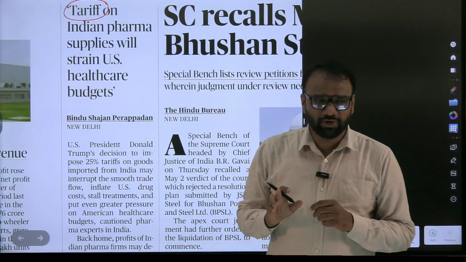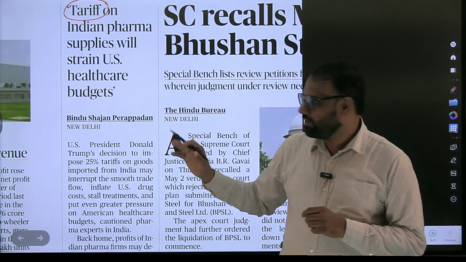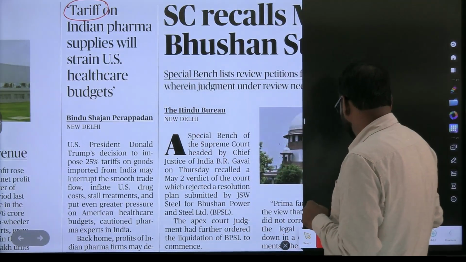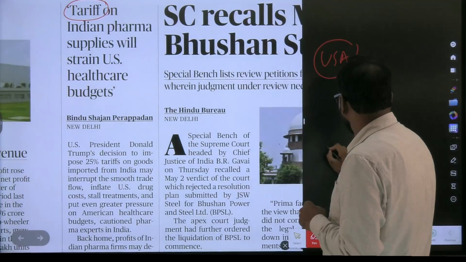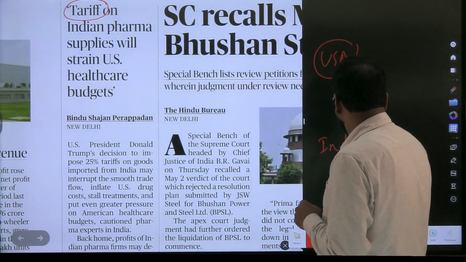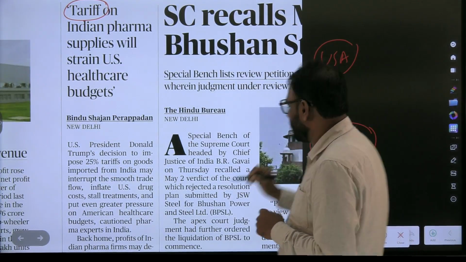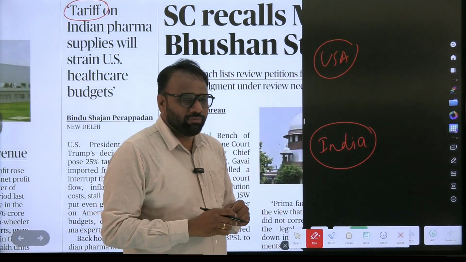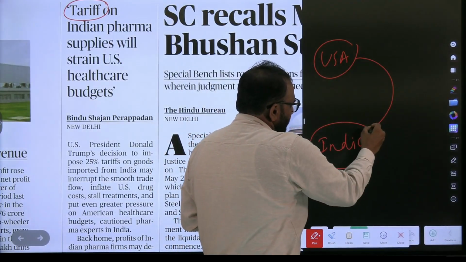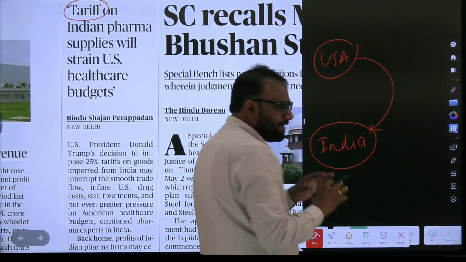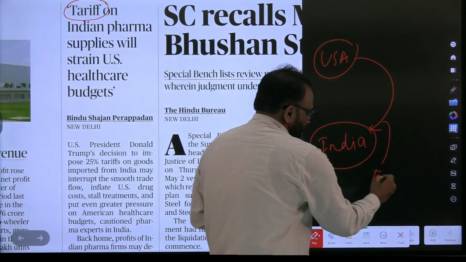Okay, on Indian products. So what is the background that is required here? If you look at the background, here we have USA, here we have India. When some goods are imported from USA to India, India will impose some taxes.